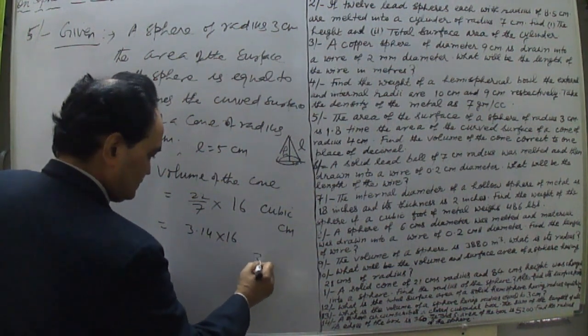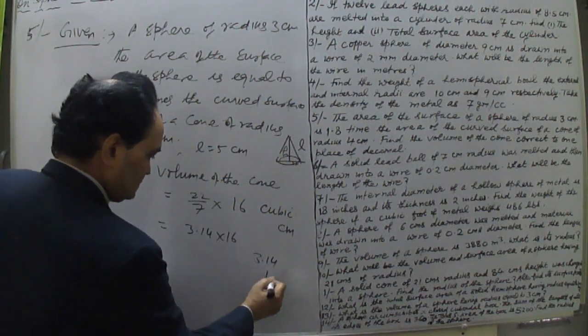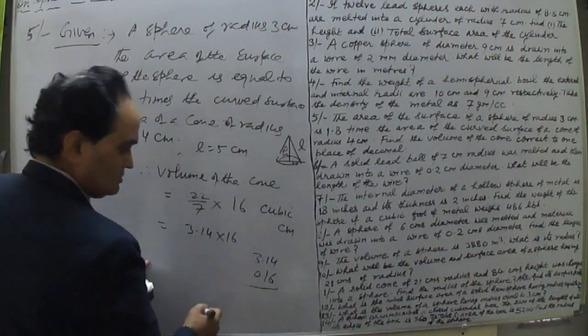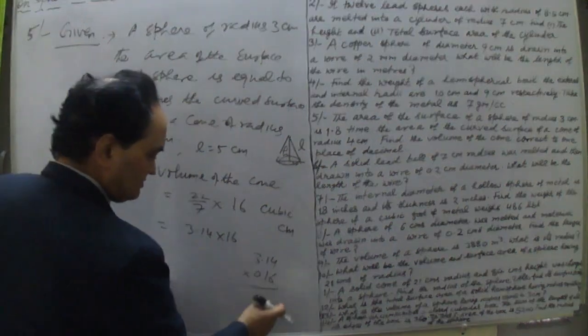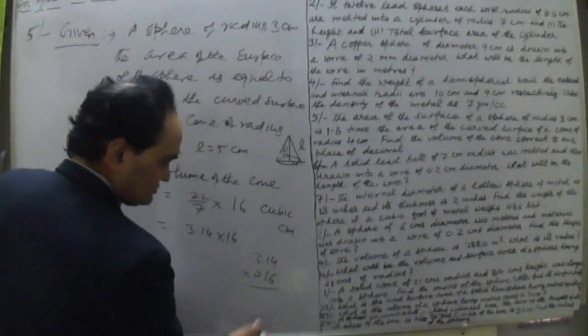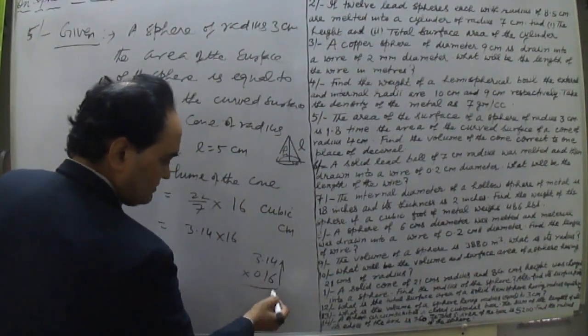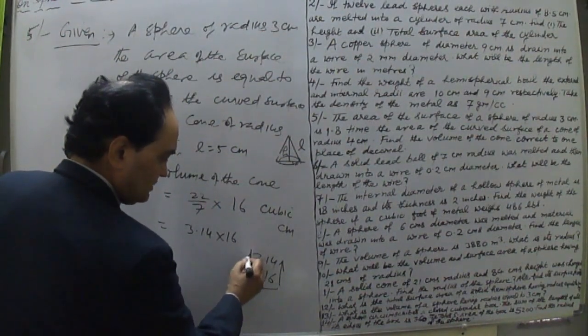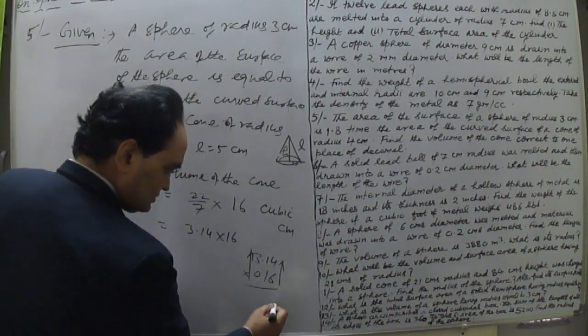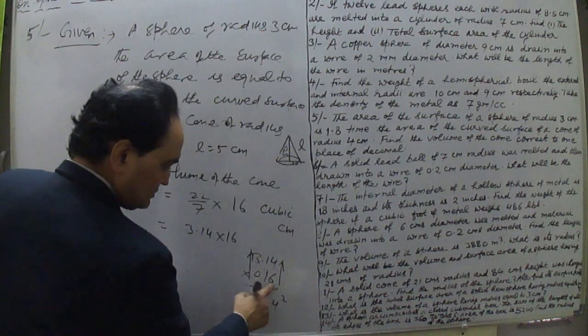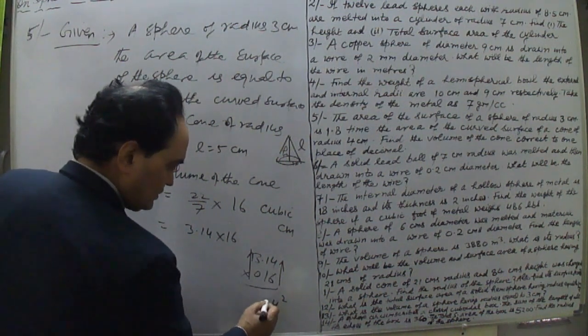3.14 and this is 16. Let me put 0 here, a 3 digit number we have just framed. Now multiplication by Vedic mathematics: we directly multiply these two, and finally we multiply these two. 4 into 6 is 24, 4 to carry. 6 into 1 is 6, 4 into 1 is 4, 6 plus 4 is 10, plus 2 is 12, 1 carry.